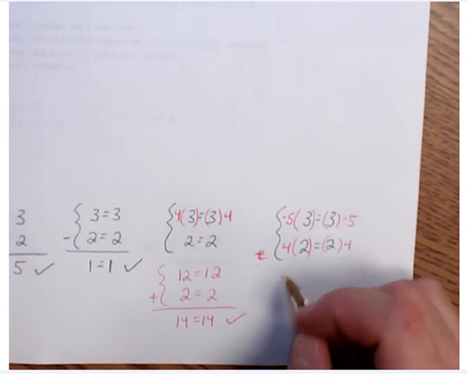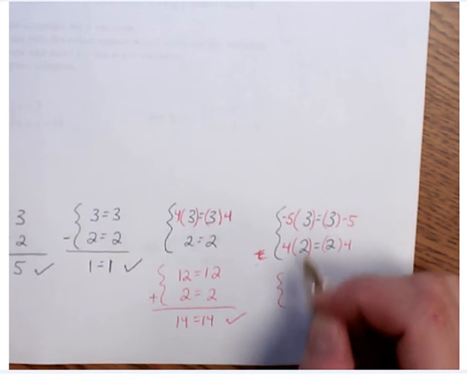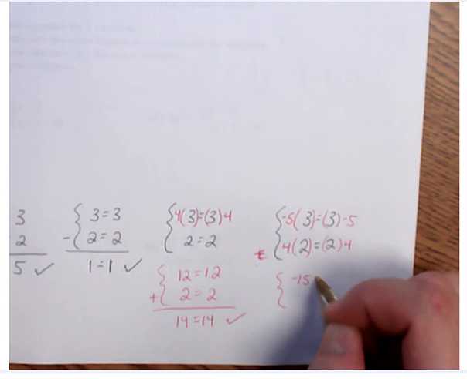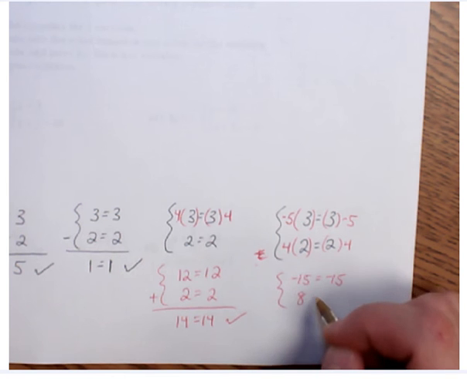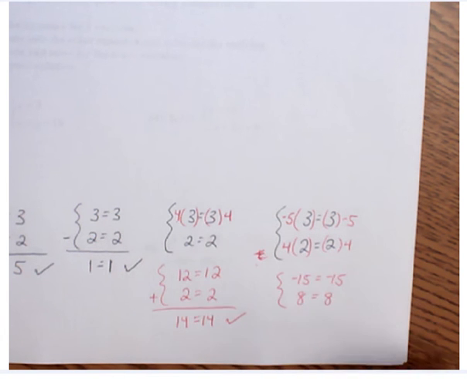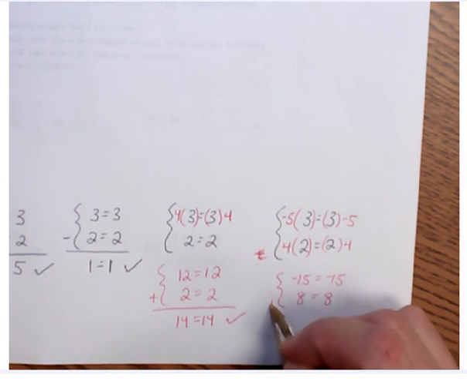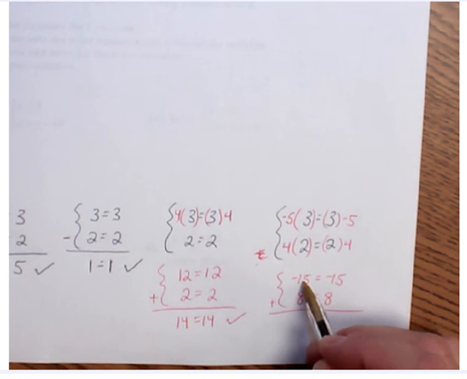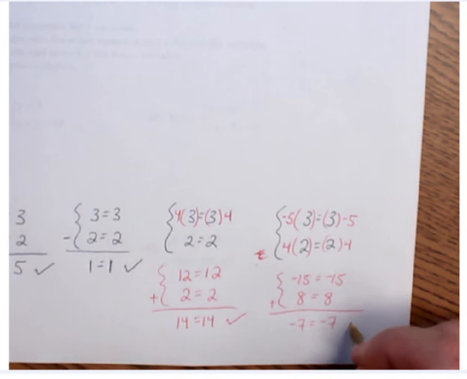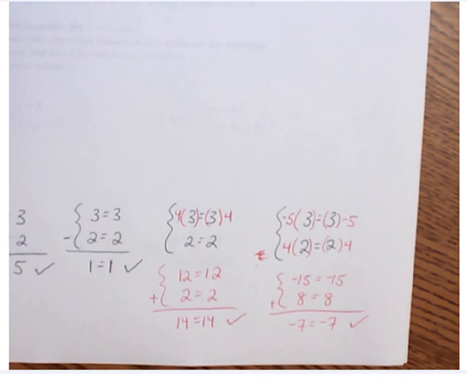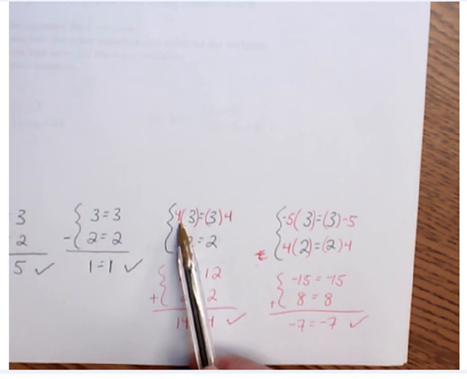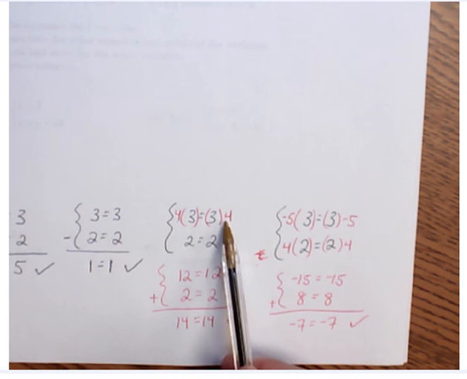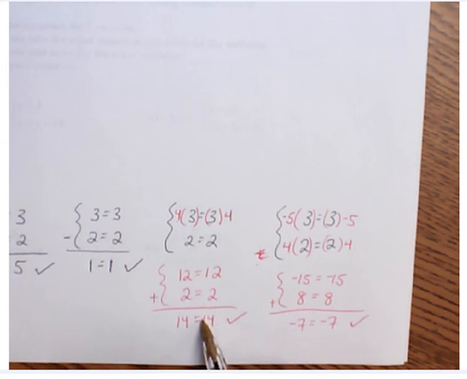So the top equation is -15 equals -15. That's still true. The bottom equation is 8 equals 8. That's still true. If you add them, -15 plus 8 is -7 equals -7. That's true. So what we're showing here is that you can multiply both sides of the equation by the same number and the equality is still good.